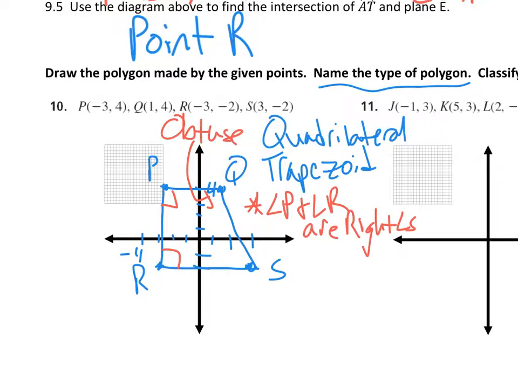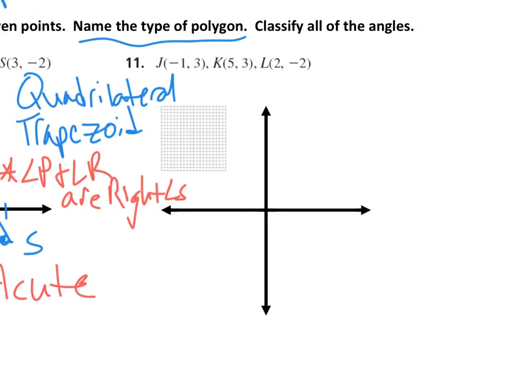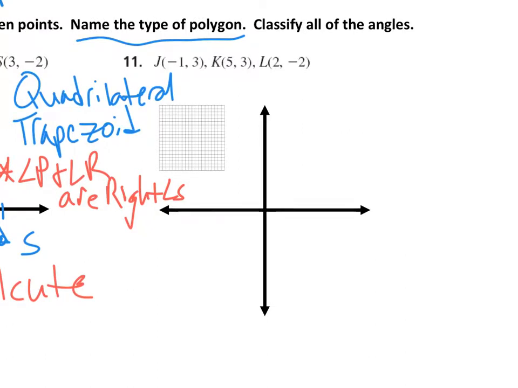Obtuse means more than 90, and this one's acute, less than 90. That's how we get a quadrilateral. We need to be able to classify the angles tomorrow on the test. You won't necessarily need quadrilateral or trapezoid, but you need to know how to classify angles. Let's plot these points and see what kind of angles we get.